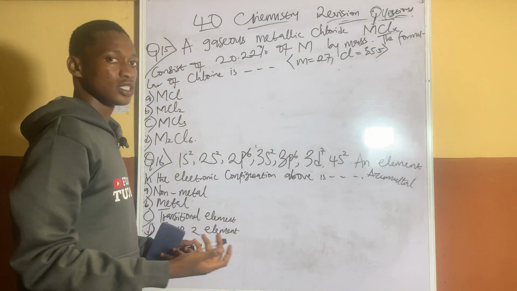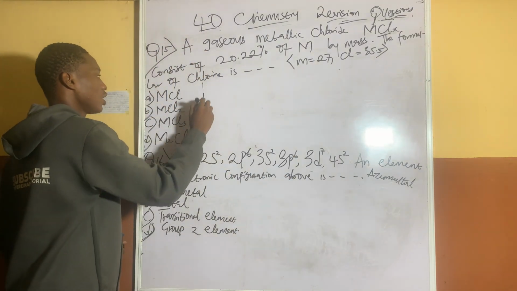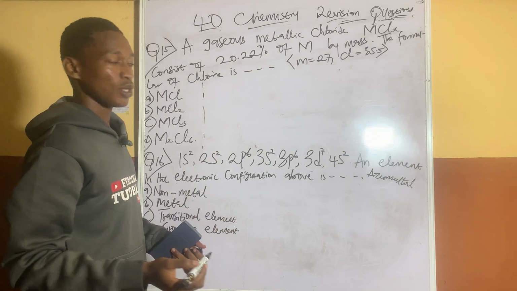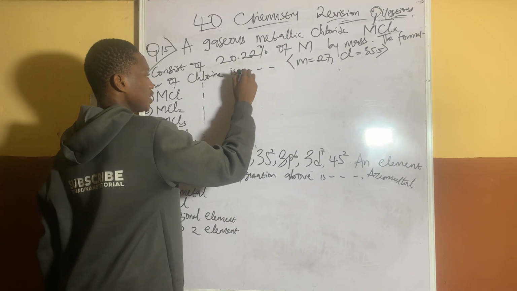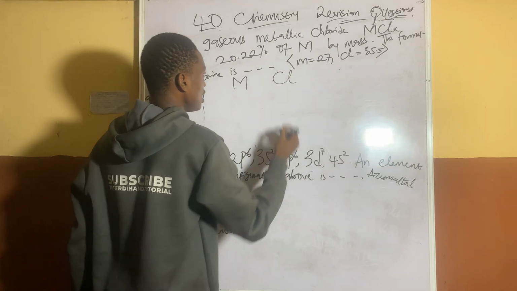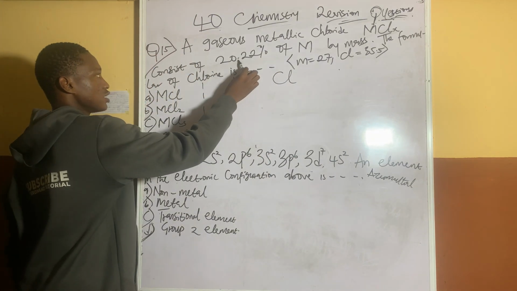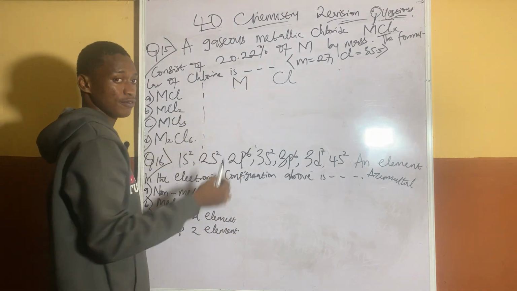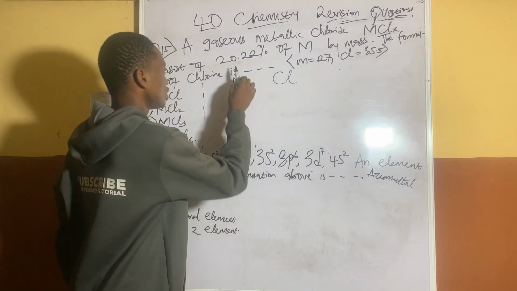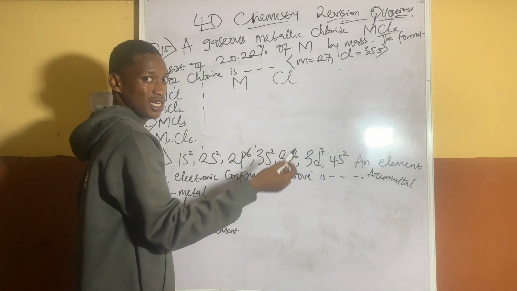Now, for us to identify the formula, we use the empirical formula knowledge, where we bring out the elements involved, element M and element Cl. They told us that 20.22% of M was given by mass. So what they are telling us is that this is 20.22 grams in a nutshell.